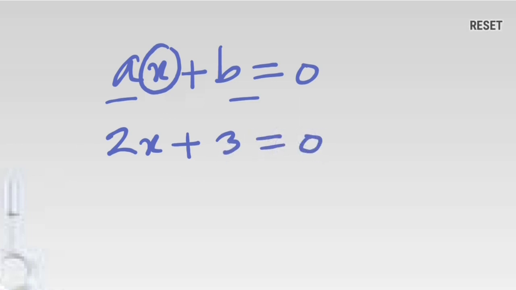It is a linear equation in one variable x. Another example, 4x minus 6 equal to 9. It's a linear equation in one variable. So a linear equation means a first degree equation, which means the degree of the equation is 1.